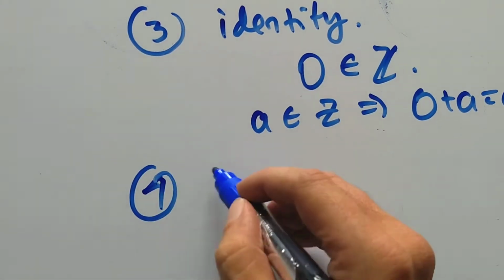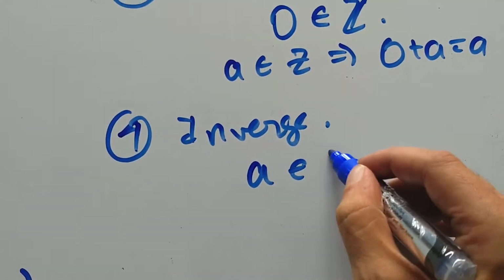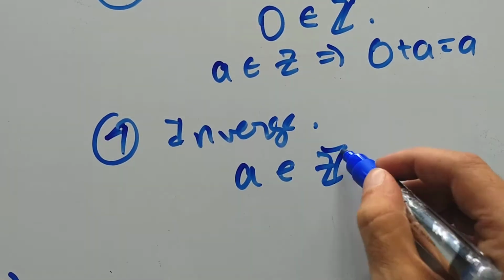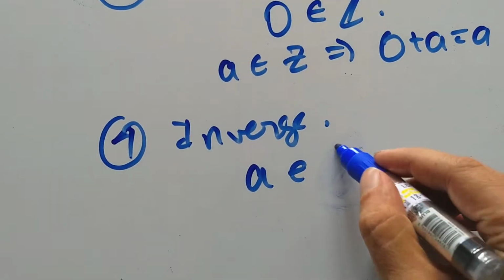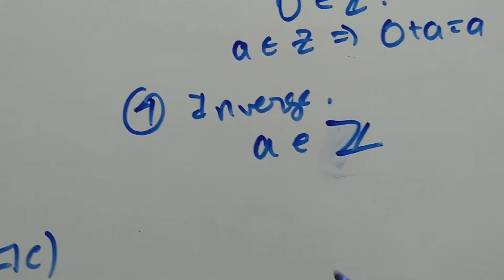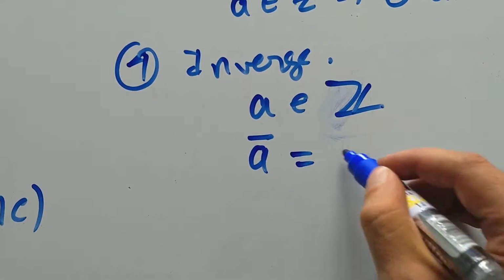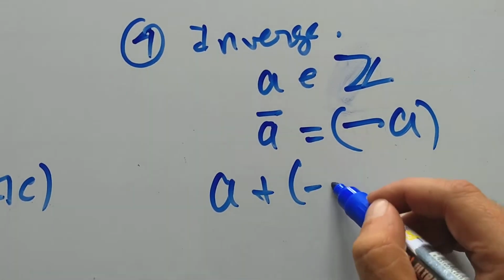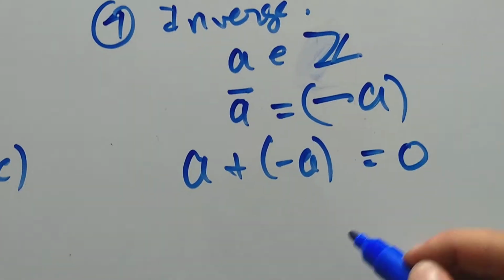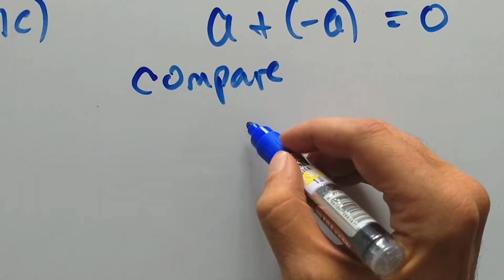Now 4, inverse. If I have A in Z, this has to kind of look like a Z with two lines, like so. If I have A in Z, then I have my inverse. What's that? It's minus A. Watch. A plus minus A, if I combine them, I get 0. This is the same thing as what we did before.